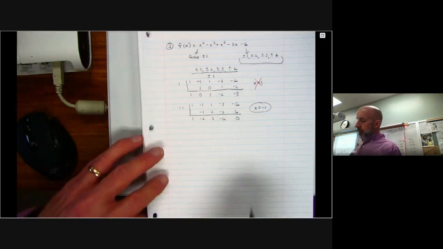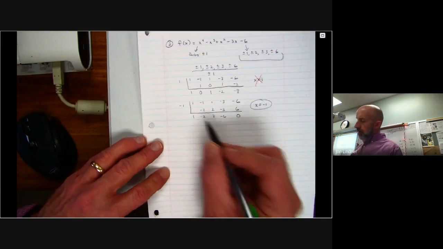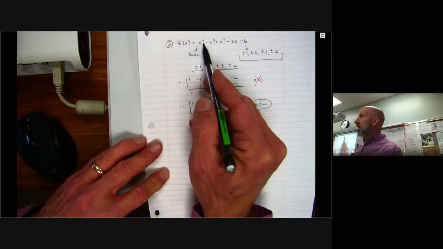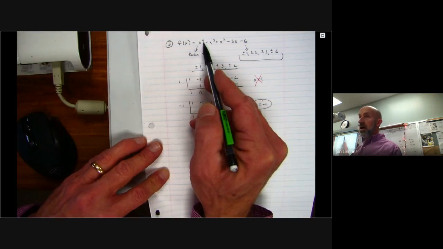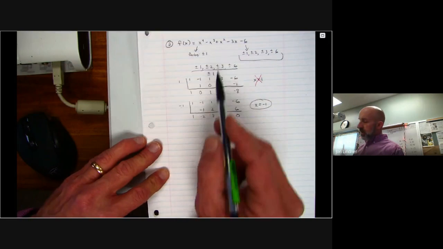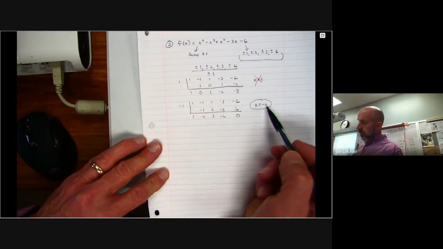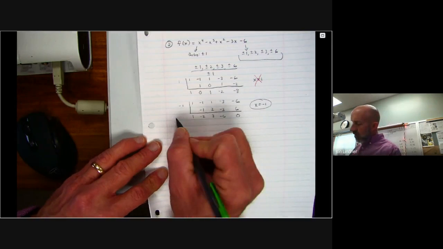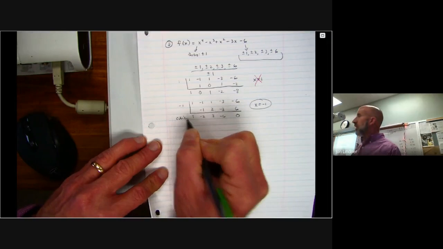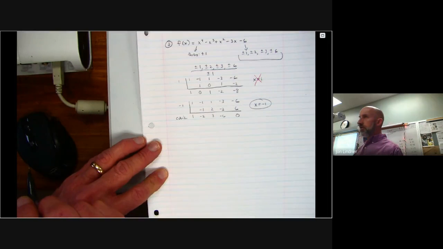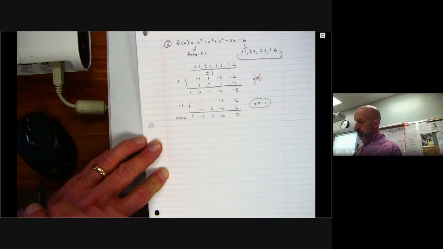So, well, look what I have left here. I divided a quartic, a fourth power, by x plus 1, basically. What I'm left with right here is a cubic. I've still got more work to do.